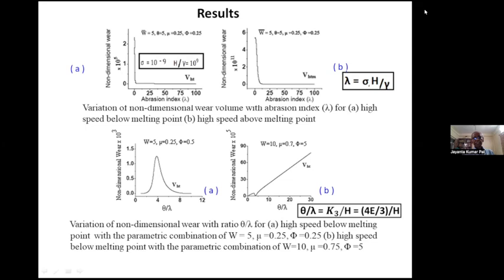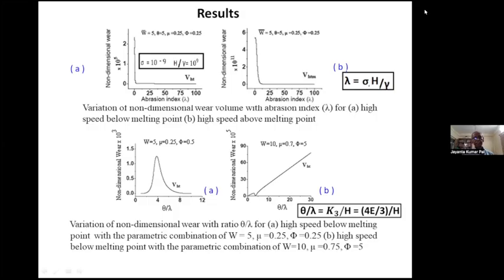And as we increase around 4, it reaches a peak, and then it falls due to the compromise between theta and lambda. So this is a very important result from the practical point of view. It probably tells us that we should avoid a theta by lambda zone between, say, 3 to 8.